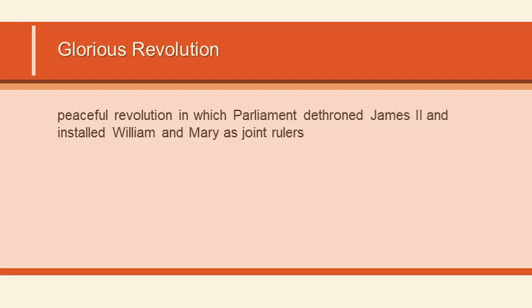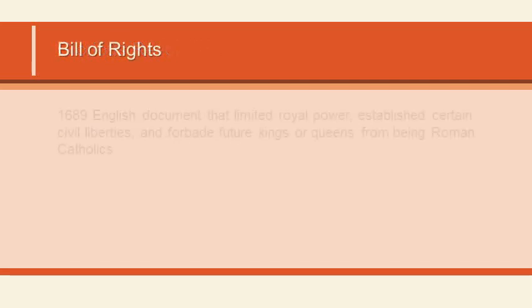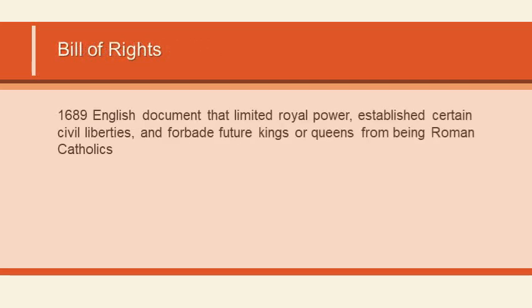So Parliament brings in new rulers as opposed to a war. Remember, it was a bloodless revolution. So the Bill of Rights limits the royal power. And again, it's moving more and more toward individual rights and the elected legislature having the power more so than the executive.